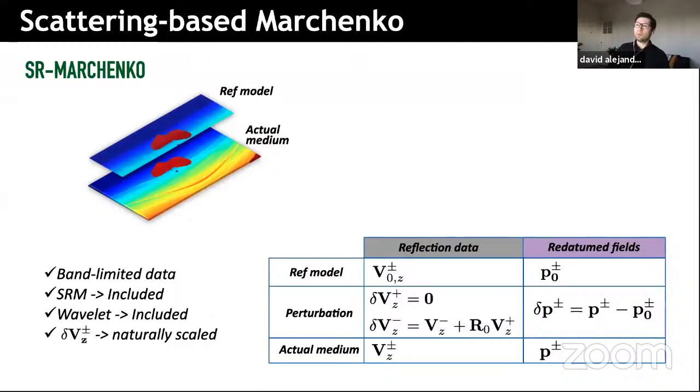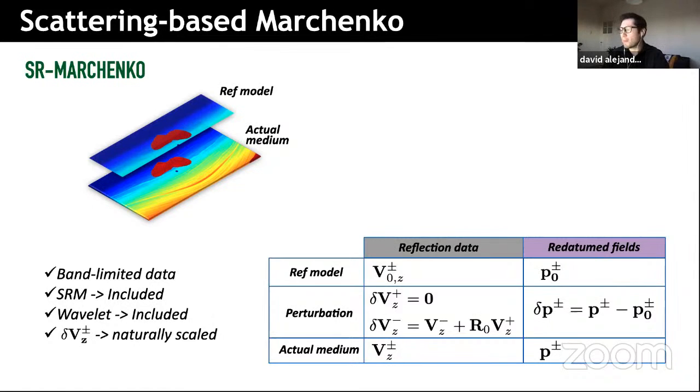Okay. So how are we going to solve the problem I was referring to at the beginning? We came up with an extension of this Marchenko system of equations. For that, we leverage the availability of reference models that are typically used for migration.